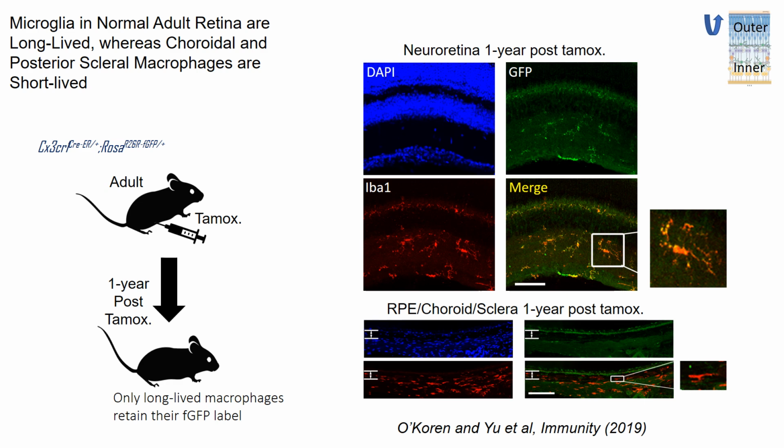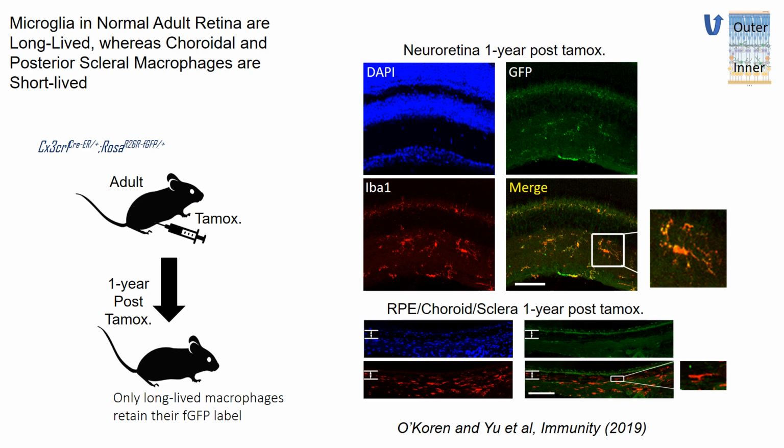To do this, we used adult mice that were CX3CR1 Cre-ER conditionally labeled by a tamoxifen pulse, and let these mice age 1 year following tamoxifen pulsing, at which time the retinas were harvested so that we could image and look for IBA1 colocalization of GFP microglia, indicating that they're long-lived.